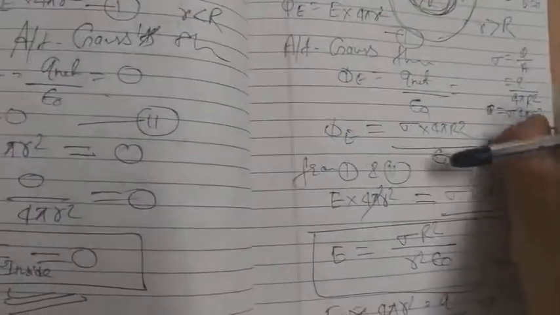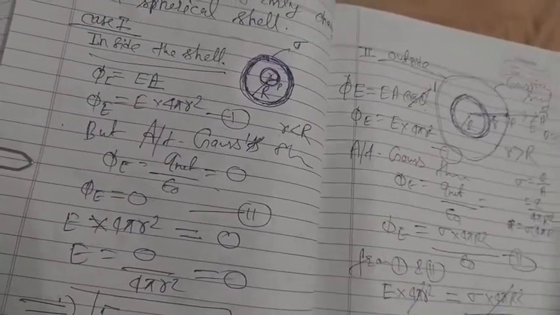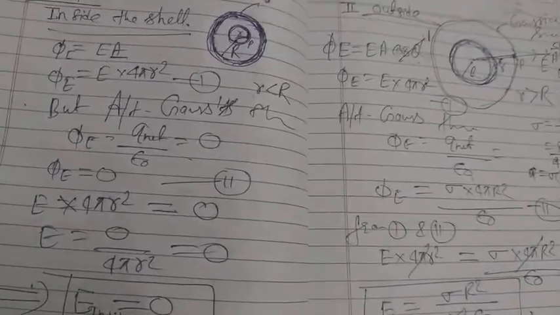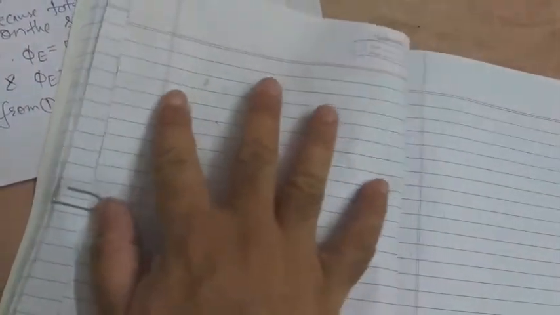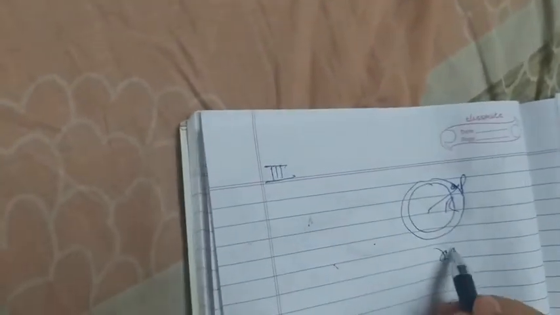Okay, now last case, at the surface of the cell. Third case, at the surface of the cell, means here point P is there, this is R, means r is equal to R. Small r and capital R now become equal.